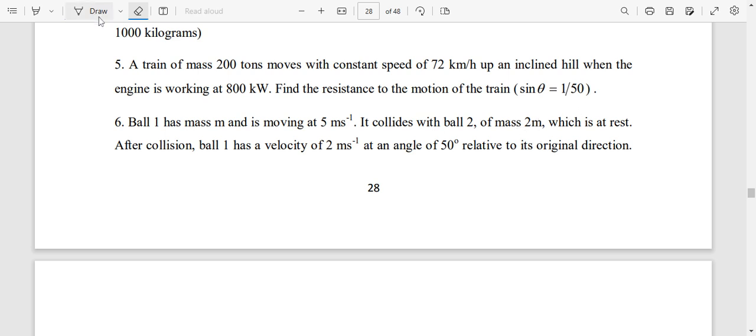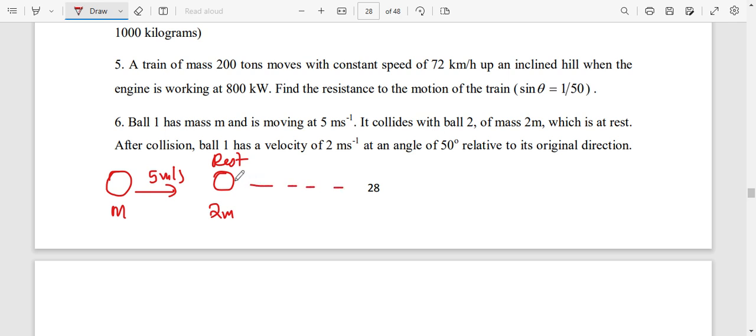So ball 2 is at rest. So we can just depict what is happening. You have got this ball which has got a mass of m, which is moving at 5 meters per second. It gets to hit this one with a mass of 2m, which is at rest. After collision, ball 1 has a velocity of 2 meters per second at an angle of 50 relative to the original direction.